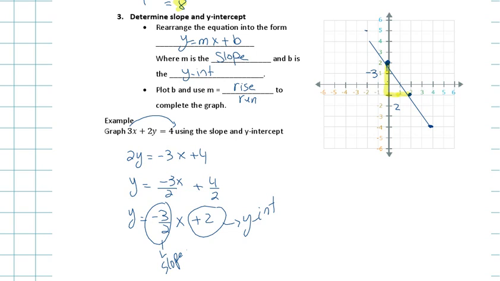If you decided you want to go up 3, then your 2 has to go to the left to accommodate for that negative. So this is where your next point is going to be. So either we go down and to the right, if it's negative, or we go up and to the left.